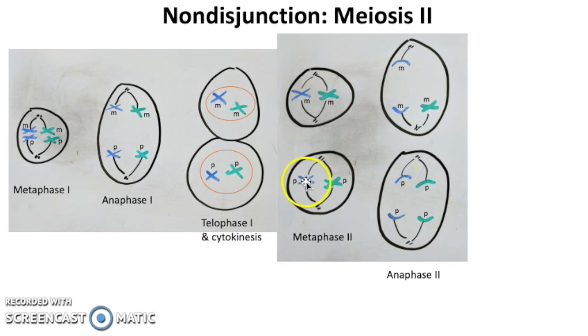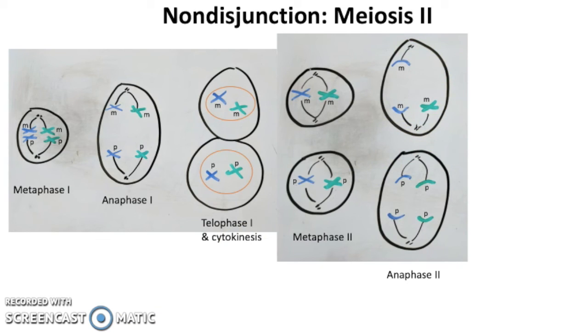So the sister chromatids split, and one will go to each end of the cell. But at this top one, the blue chromosome, those sister chromatids split just fine, but the green one didn't, and those ones remained attached. So in this one, we don't have any green chromosome being pulled at the top, but both of them are being pulled to the bottom part of this cell.